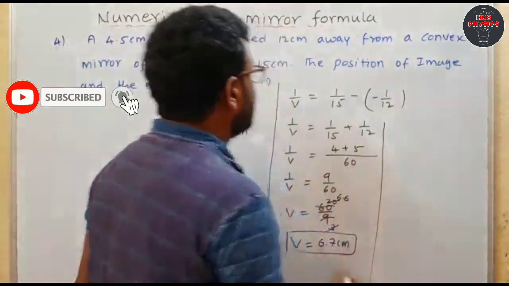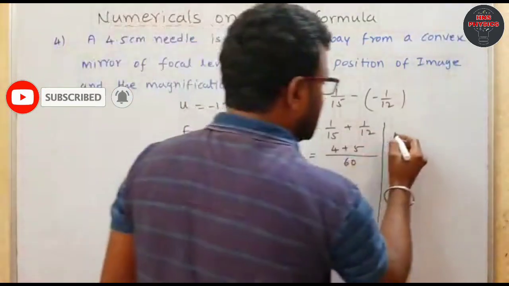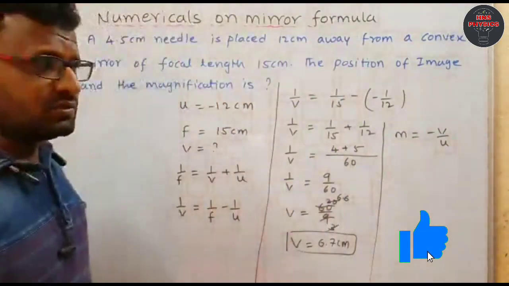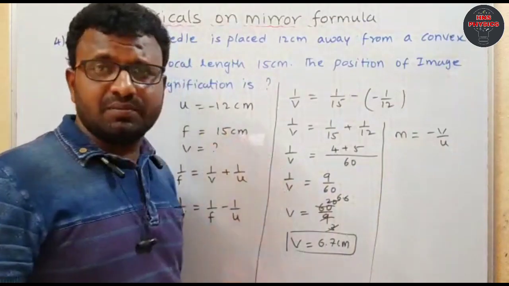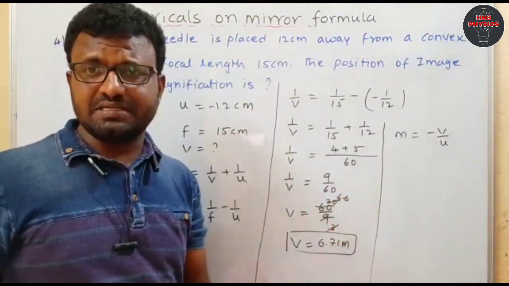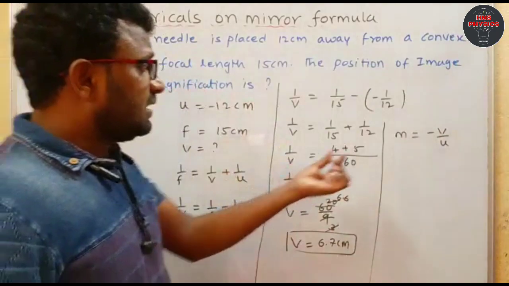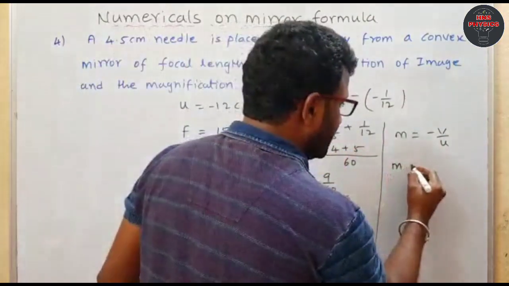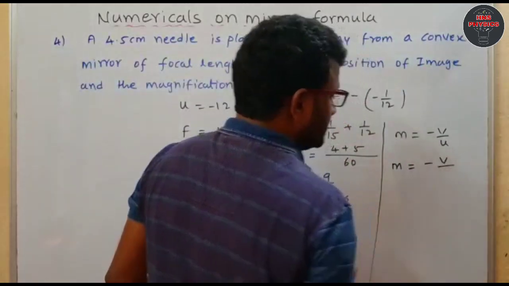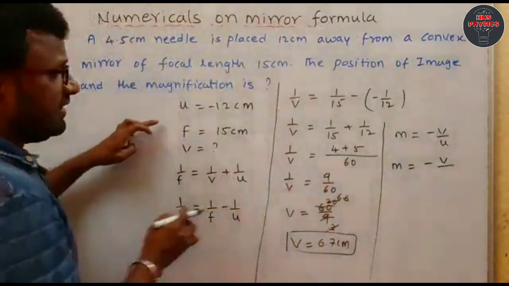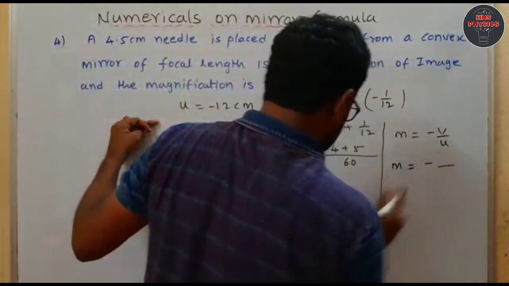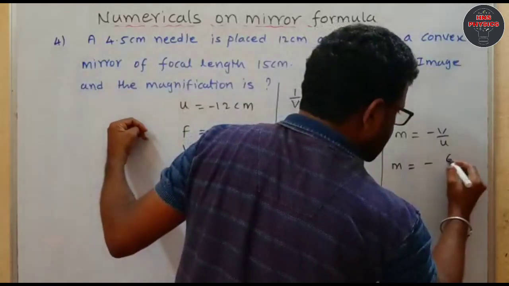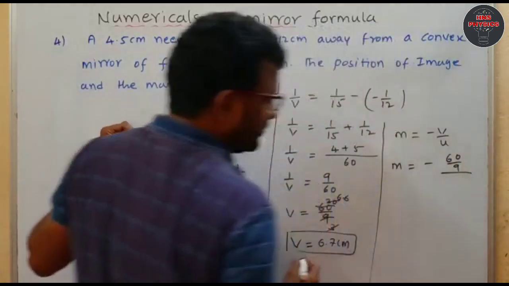Next, what is being asked? In this question, magnification. So magnification, the general formula is minus v by u, right? That means height of the image by height of the object equal to minus image distance by object distance. Here the object distance is negative. Substitute here: m equal to minus v by u. What is the v value here? 6.7, otherwise you can take 60 by 9 for the calculation. 60 by 9 by the object distance.